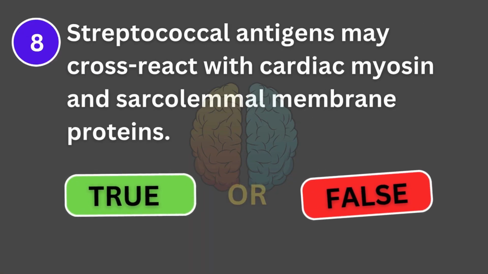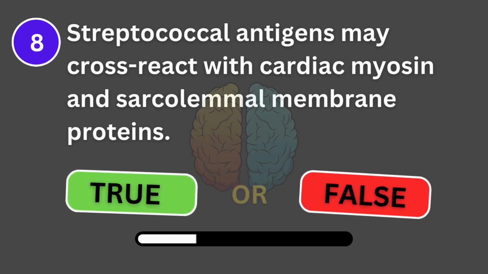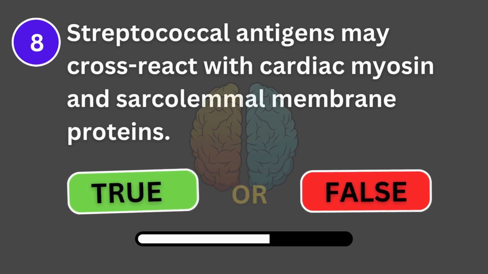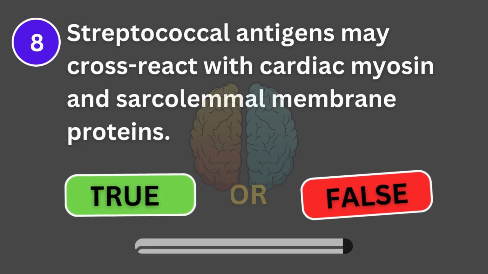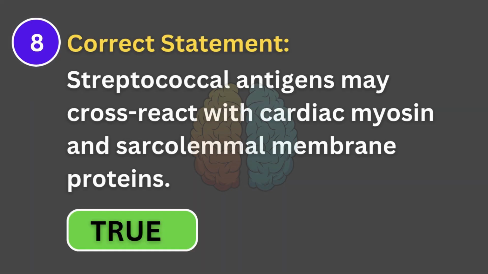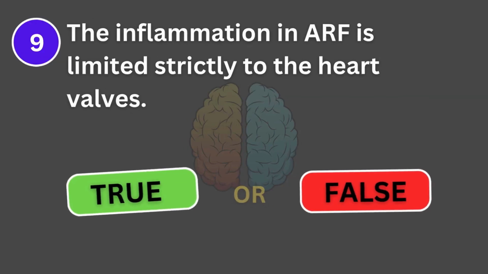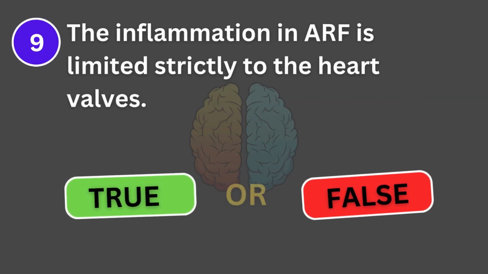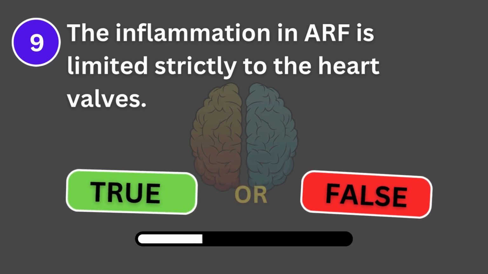Streptococcal antigens may cross-react with cardiac myosin and sarcolemmal membrane proteins. The inflammation in ARF is limited strictly to the heart valves.